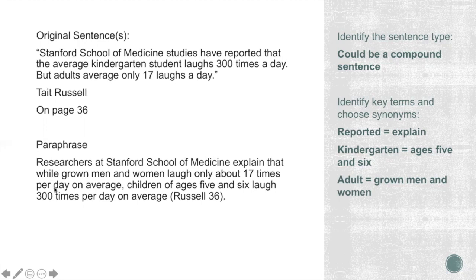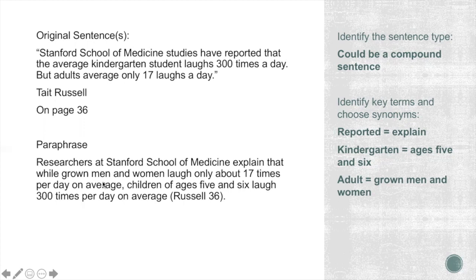Also, I kind of flipped the ideas. Do you see how the original sentence ended with the information about adults? And in the middle, we had the information about kindergartners. So I decided that I was going to write about adults before kindergartners. So I have here, while grown men and women laugh only about 17 times per day on average.